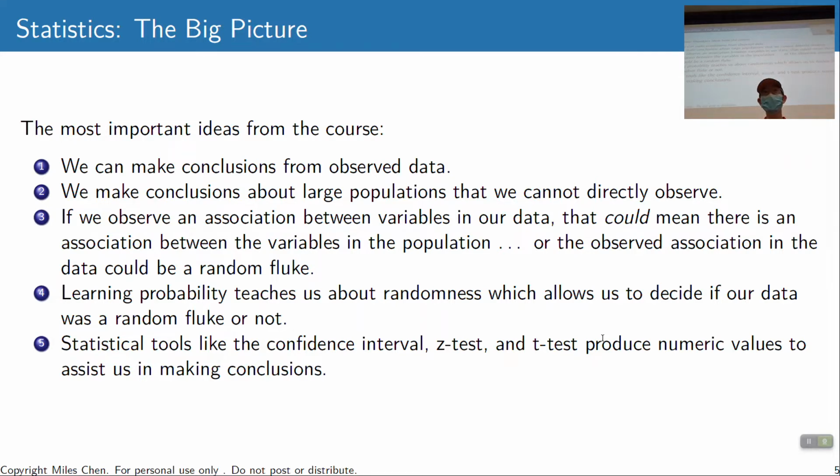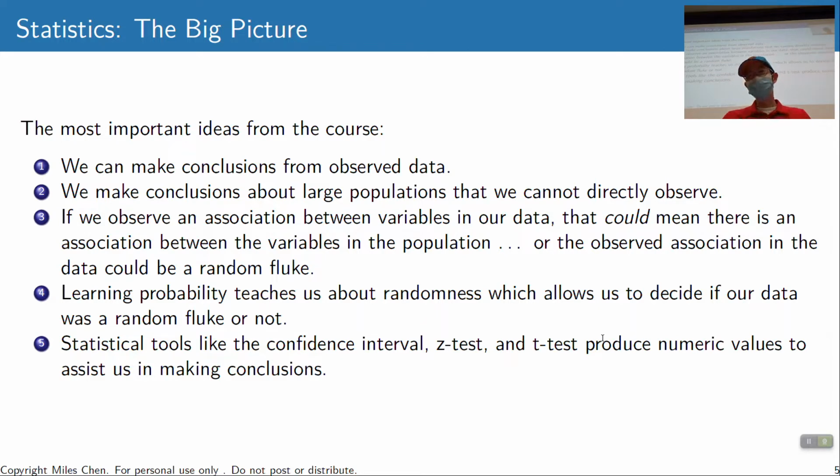Or could what we see in the data just be a random fluke that is responsible for the patterns or whatever we saw?